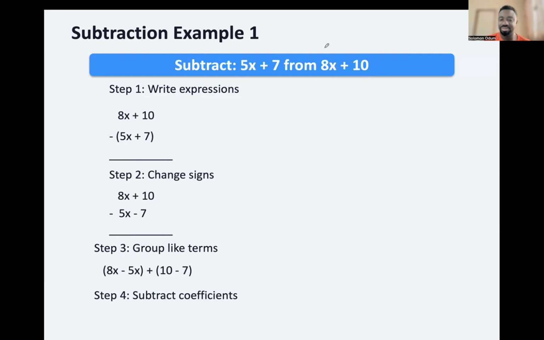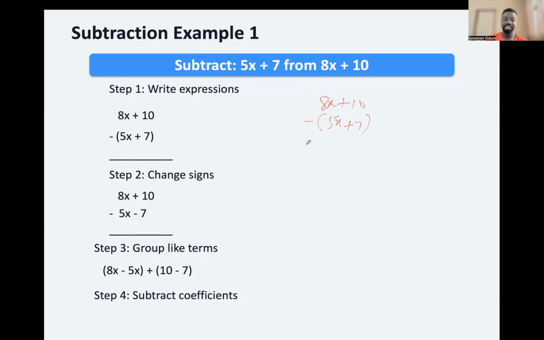Right, 8x plus 10 first. And this is subtract, so we are subtracting the whole of 5x plus 7, so we maintain the bracket: 5x plus 7.